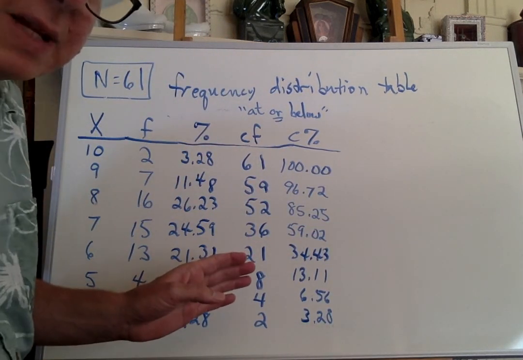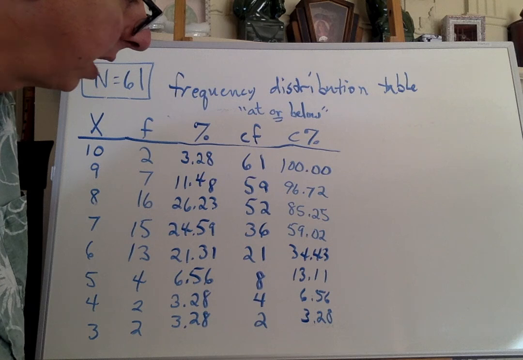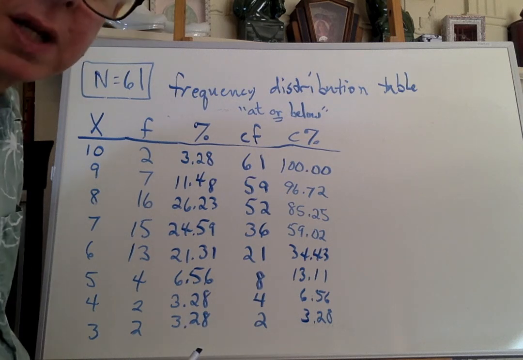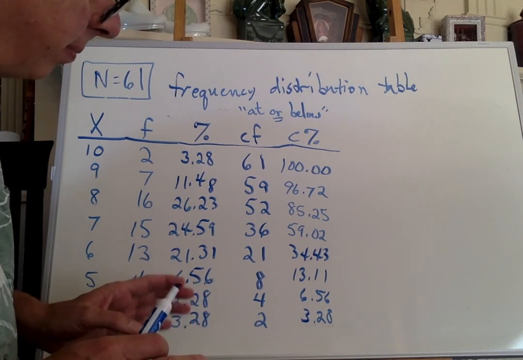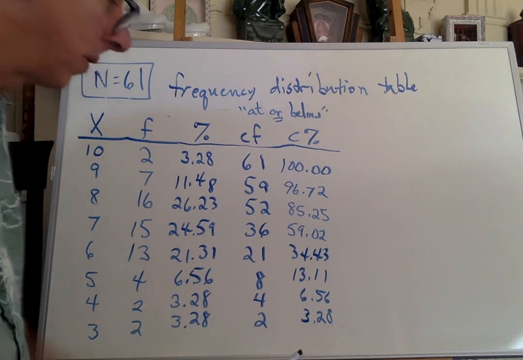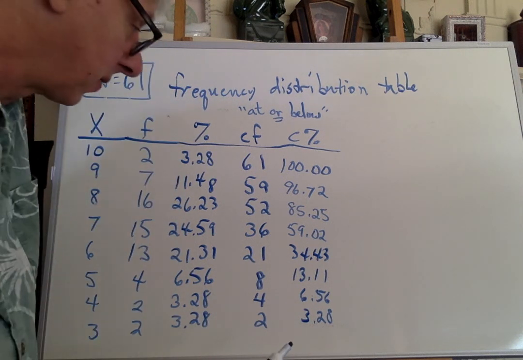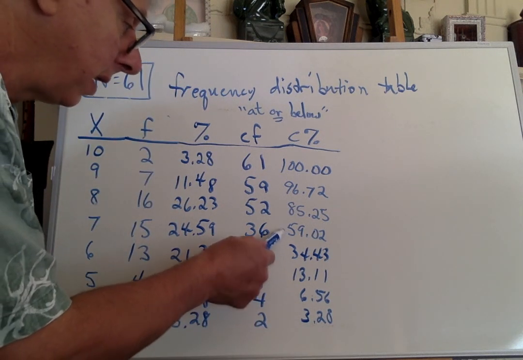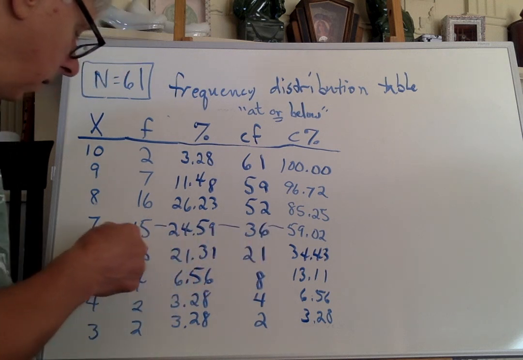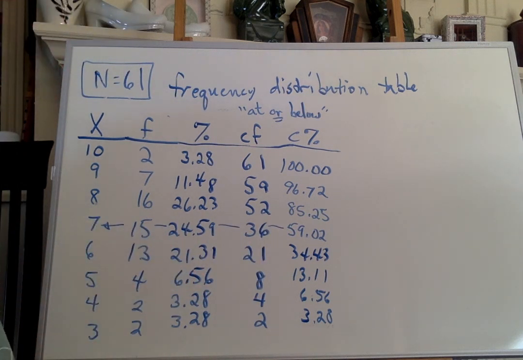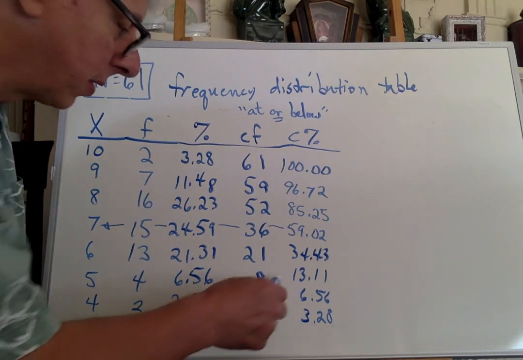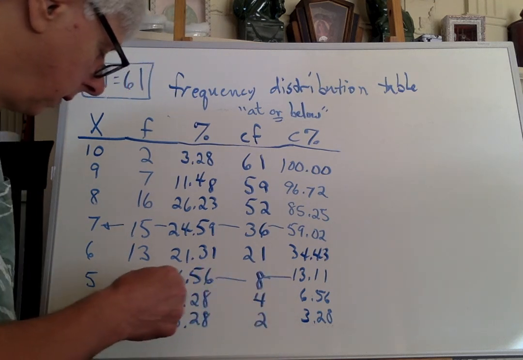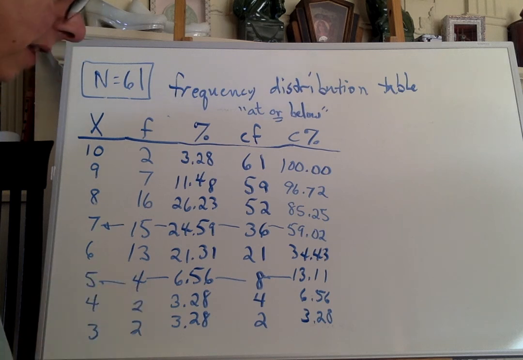All right, so we want to report the median in this case, but we have a little bit of a problem here. If I ask you what the 59.02th percentile was, you could tell me it's 7. If I ask you where the 13.11th percentile is, you could tell me it's 5.